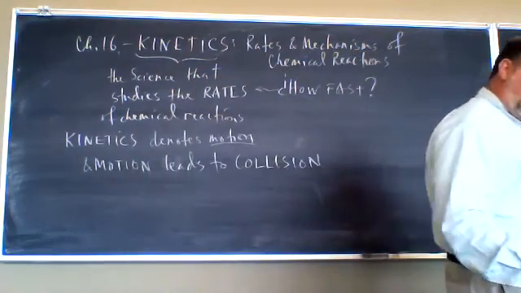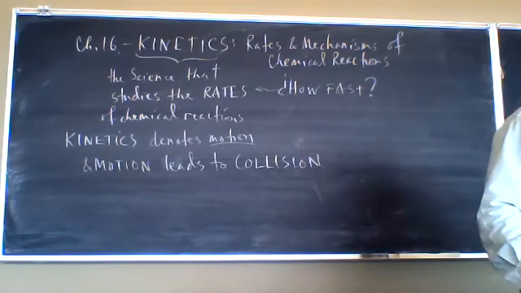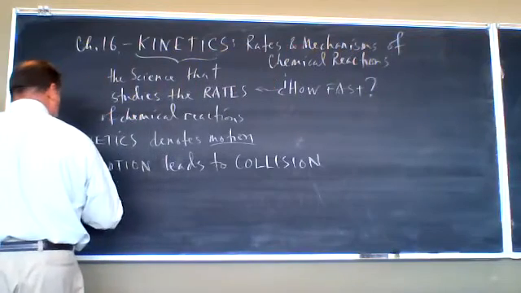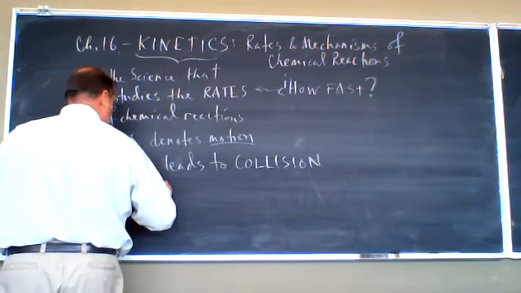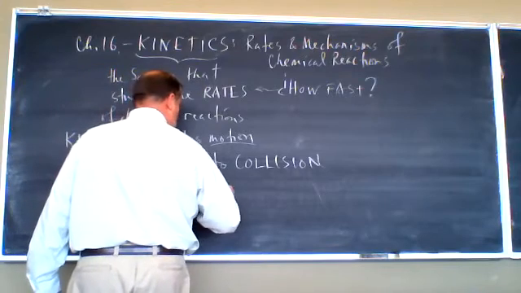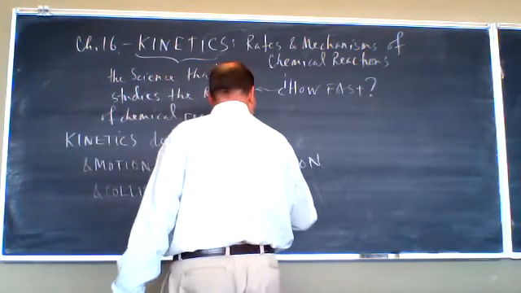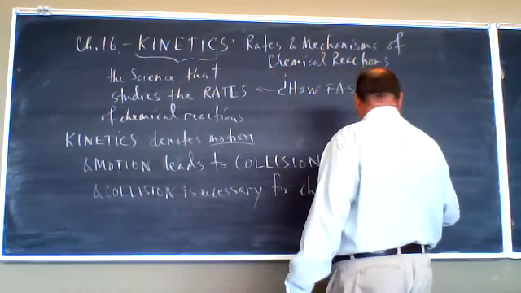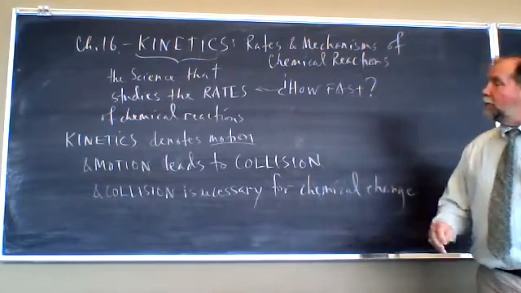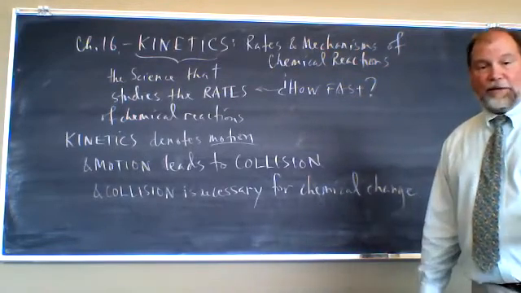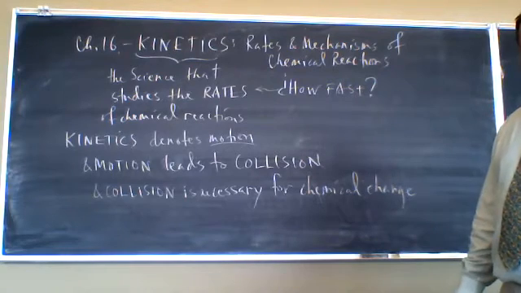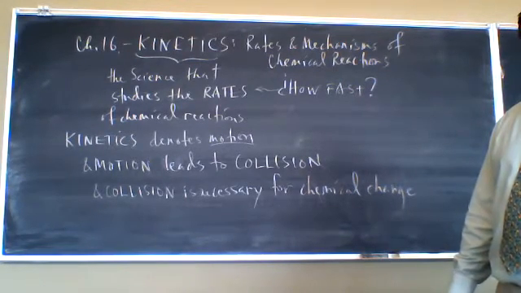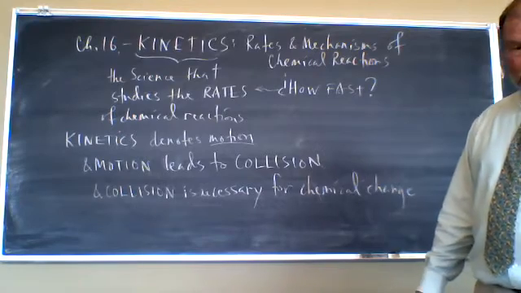Further, chemical reactions cannot occur if there is not collision. Now, these three statements taken together are a very nice description of the theory that regulates how fast reactions occur. We call it collision theory.